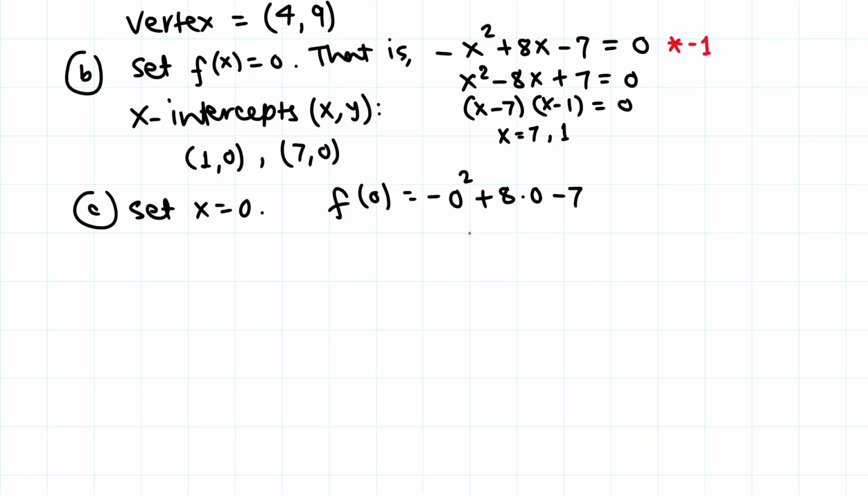This one is 0, 8 times 0 is 0, and we're left with negative 7. The f value is always the y value. There will always be only one y-intercept for a function. The y-intercept has x value 0, and the corresponding y value is negative 7. That's part C.